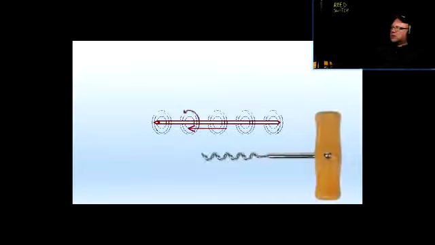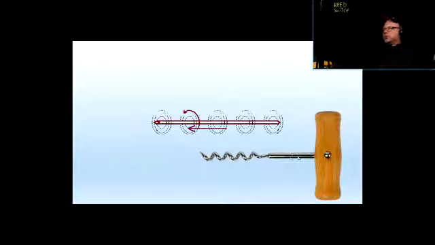When there's a current flow in this conductor, there is going to be an electromagnetic field surrounding that conductor, and the direction of the electromagnetic field is just as if you were having a corkscrew, and you would turn this thing righty-tighty and the corkscrew would move forward.